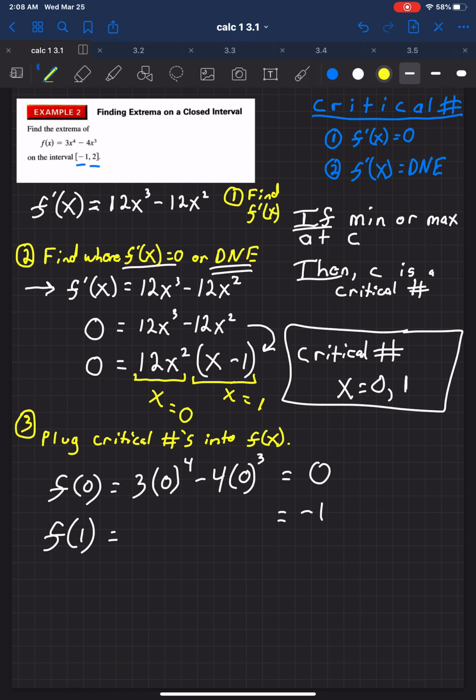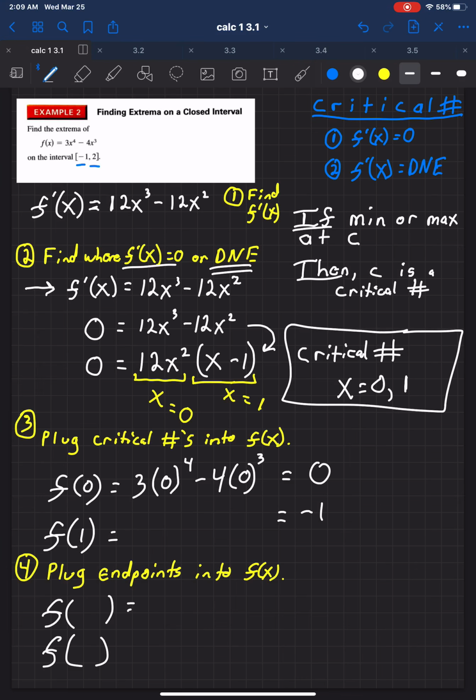So step 4, and you can make this into just 3 steps if you want, but step 4 is going to be to plug your endpoints into f of x. All right, so I'm using the same original function, not the derivative.